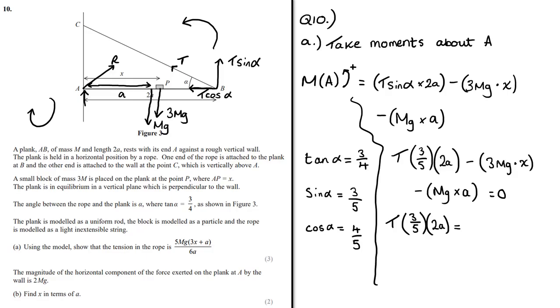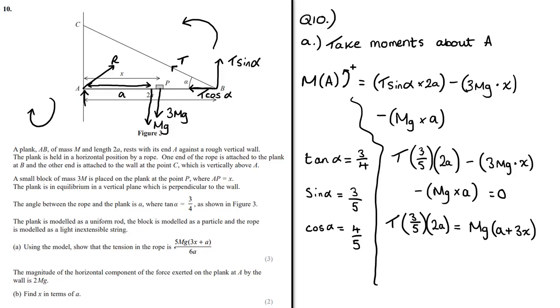So I'm going to factor out the mg. So I'm going to get mg, and then in a bracket I'm going to get a plus 3x. So we took that onto the other side. From here now, it's just a matter of cleaning this up. Remember, we want T, the tension. So we need to start simplifying this.